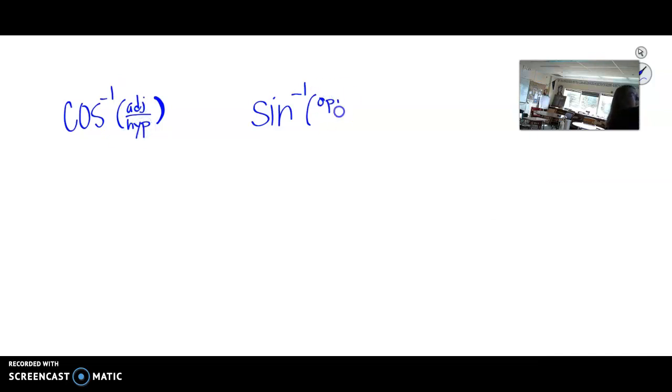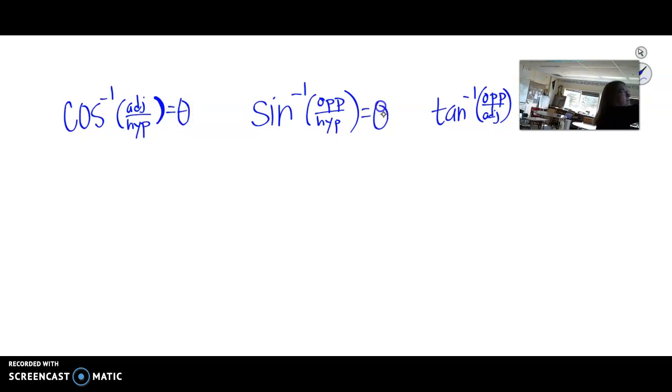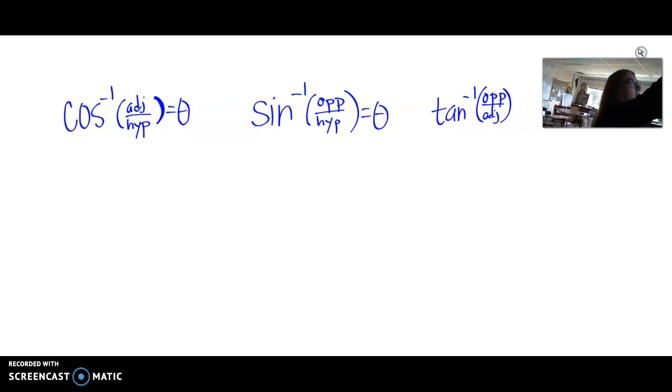Sine is opposite over hypotenuse, or you'd have a ratio, a number in there like 1/2, or it doesn't have to be from the special triangles, it could be a random decimal too. And then tangent inverse. When you're finding any of these, we're finding an angle. We're trying to figure out what angle would give us that ratio.